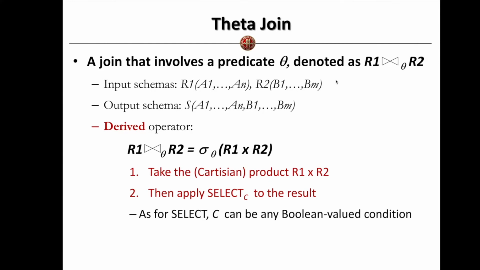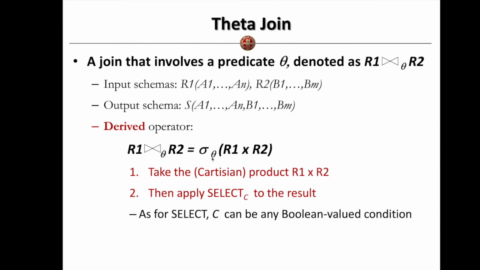So what does this theta join mean, and how to derive it based on the basic operations? So formally, we can define the theta join as sigma theta as a condition, and we are working on this R1 times R2. So you can see we do the product between R1 and R2 first, and then we can further do the selection on some conditions.